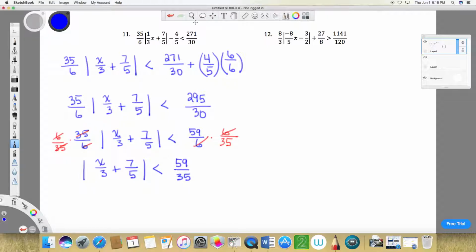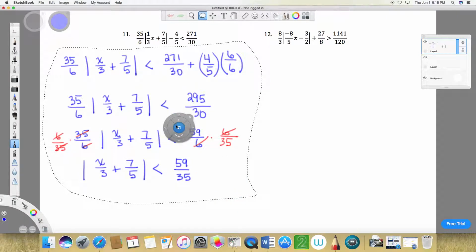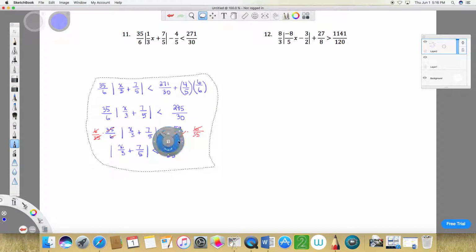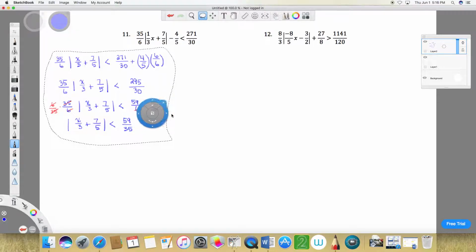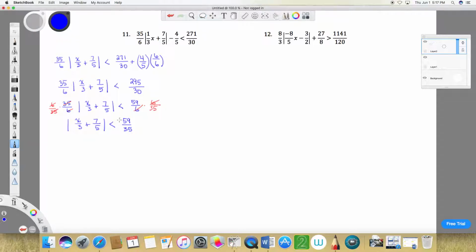Now, let me shrink this up. The arrow is pointing towards the absolute value, so I know that on my number line, it's the middle portion that's going to be shaded in my solution set. When the arrow is pointing towards there, we change the sign, make this negative 59 over 35, drop the absolute value symbols.